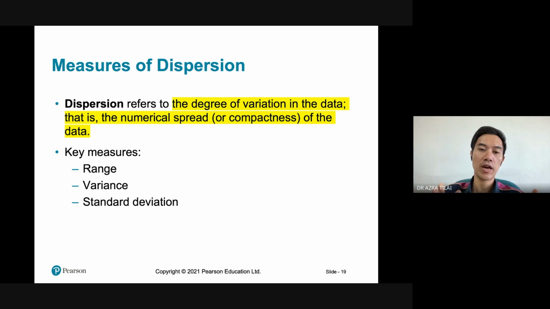So when you have dispersion, that means sometimes there is an outlier. Some of the cans produce 5.3, some become 4.5.